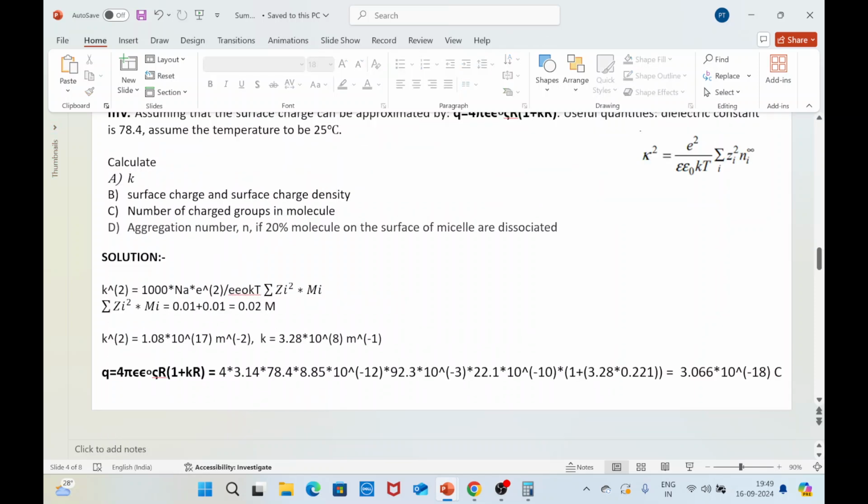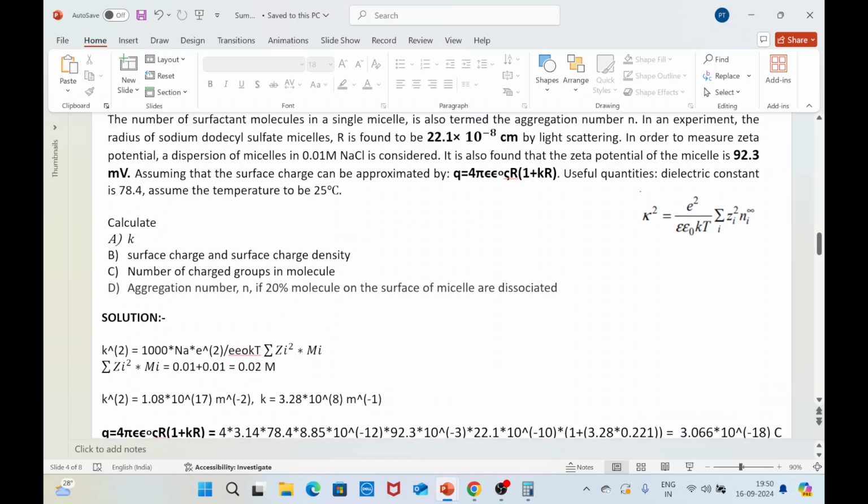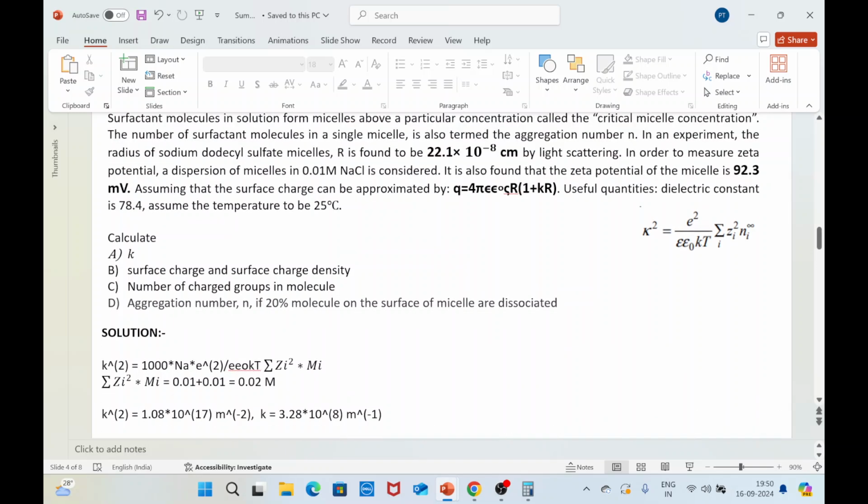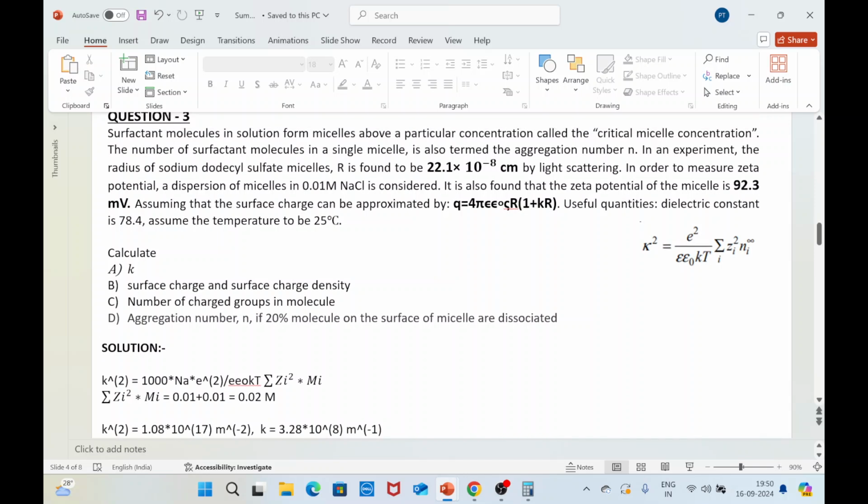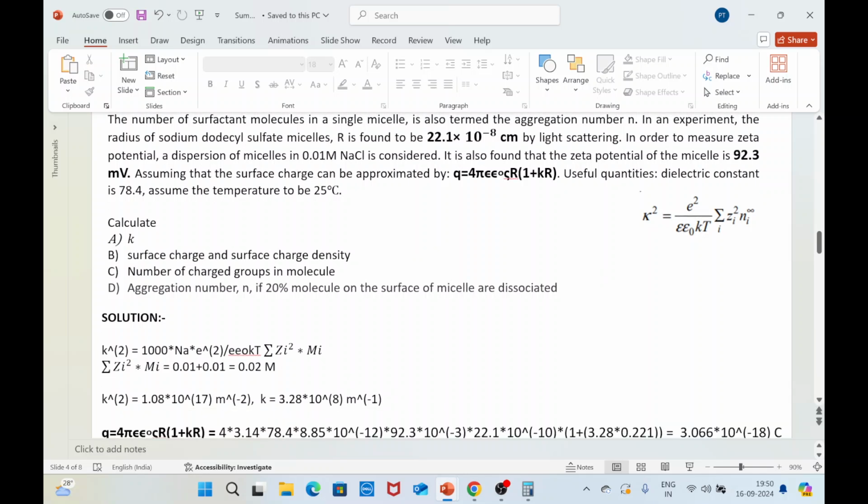You have another question, sorry. Calculate the aggregation number N if 20 percent of the surface molecules are dissociated. So 20% of the molecules on the surface of the micelle are dissociated.